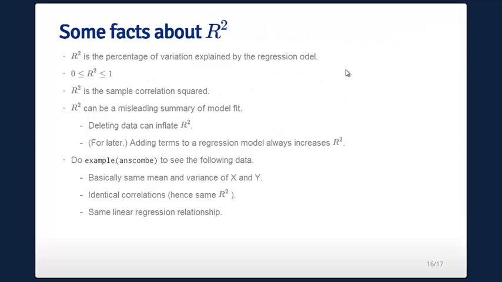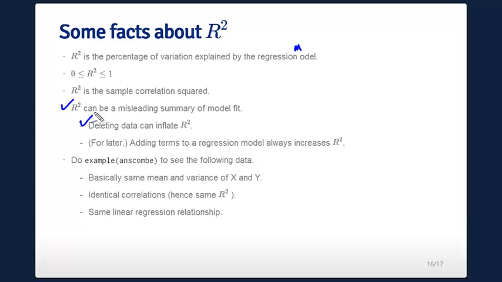Okay, so just briefly some facts about r squared. It's the percentage of variation explained by the regression model. I'm missing an m there. I'll fix that in the repository. R squared has to be between 0 and 1. We've shown that. R squared is the sample correlation squared. We've shown that. R squared is a misleading summary of model fit. For example, you can just delete data and inflate R squared.